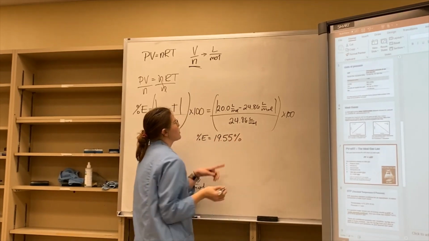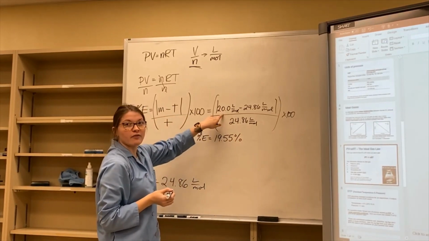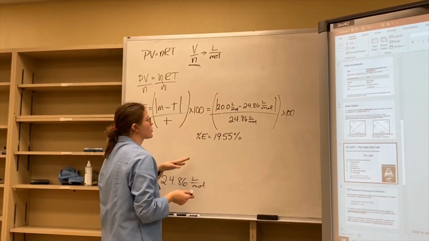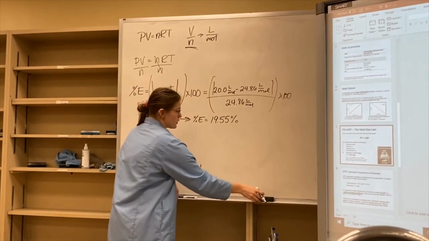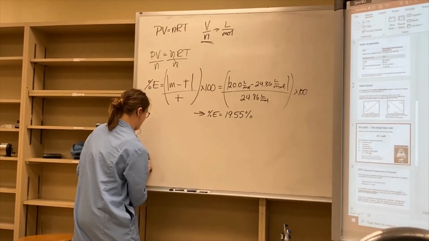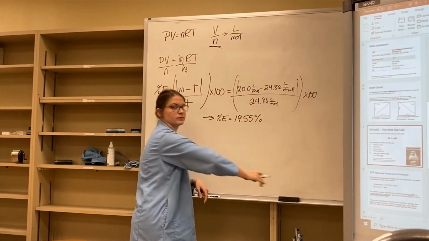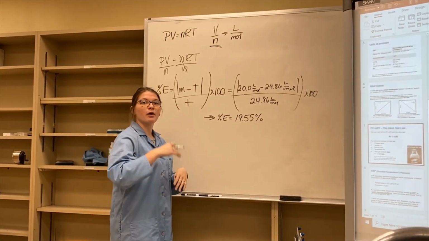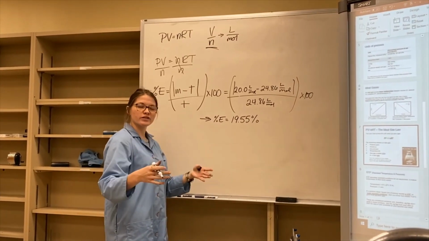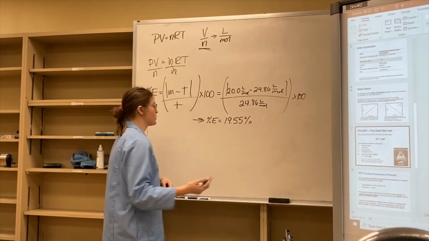19.55%. Make sure when you're doing your calculations, you're using the average that you took. We, again, are only using 1 trial, so don't get confused on that. This is our percent error. The other one we're going to do is called percent yield. So we're seeing how much we made realistically versus how much we should have made.